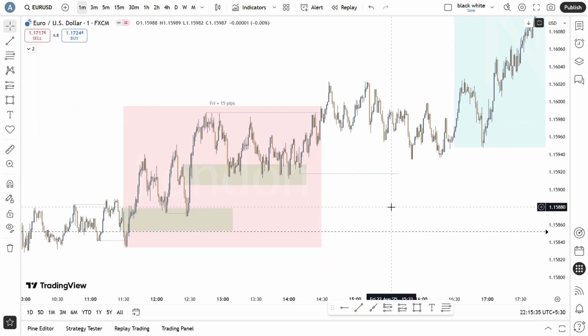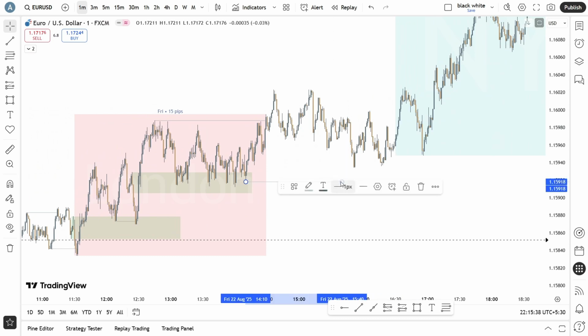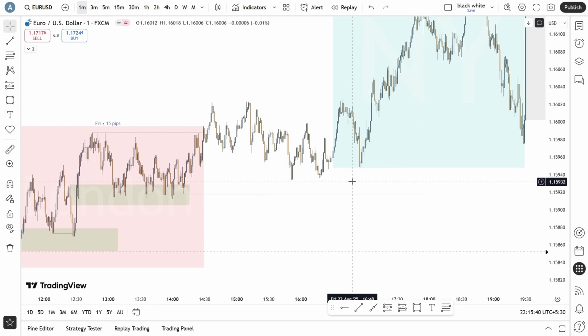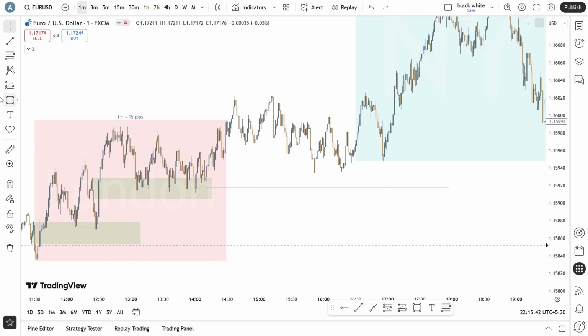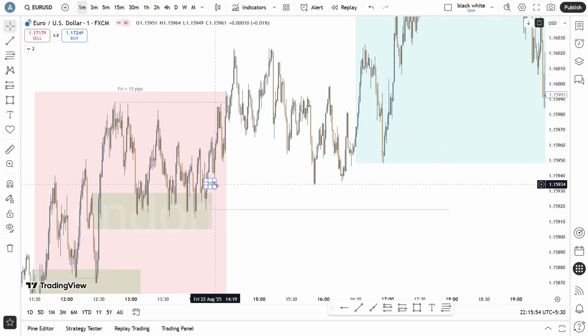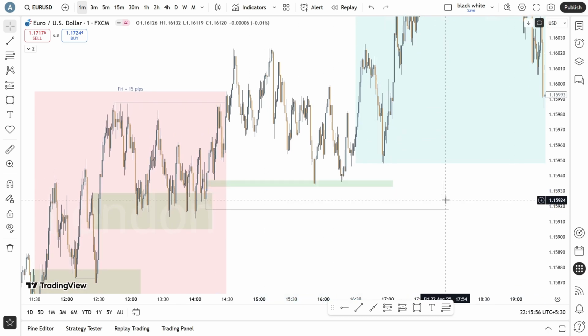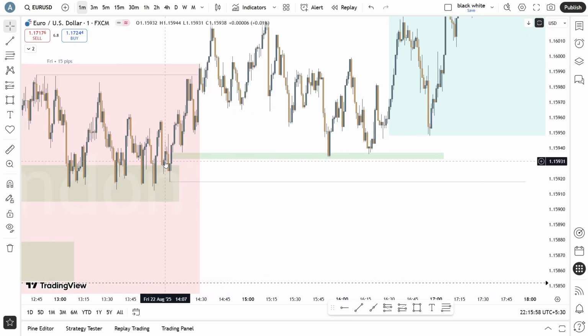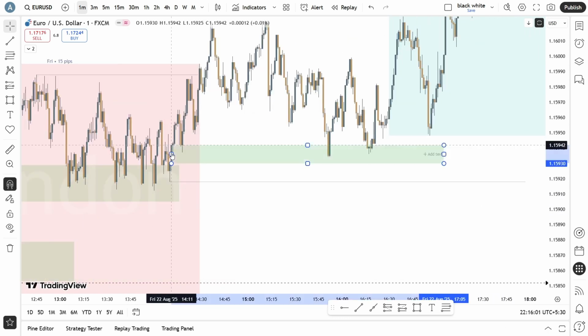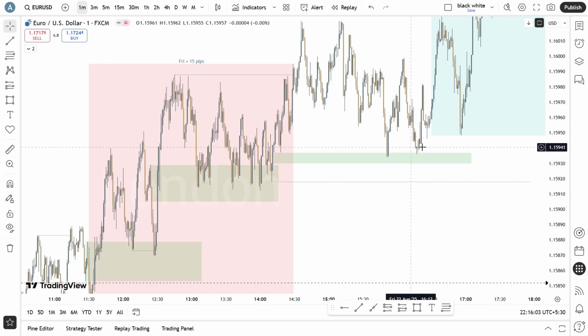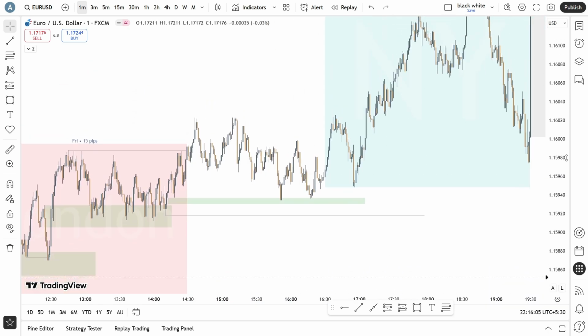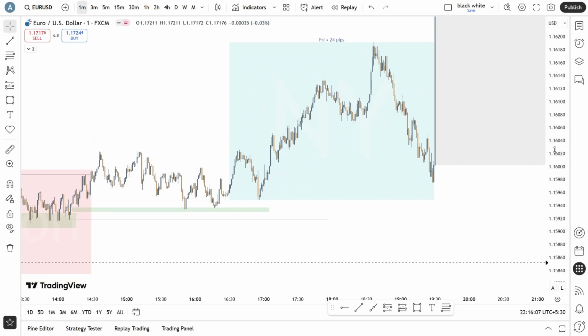And I anticipate that the price won't move below it. What happened was the price came to this FVG. Guess it should be unmitigated. Yeah, mitigated it. And then the whole move is in front of you.